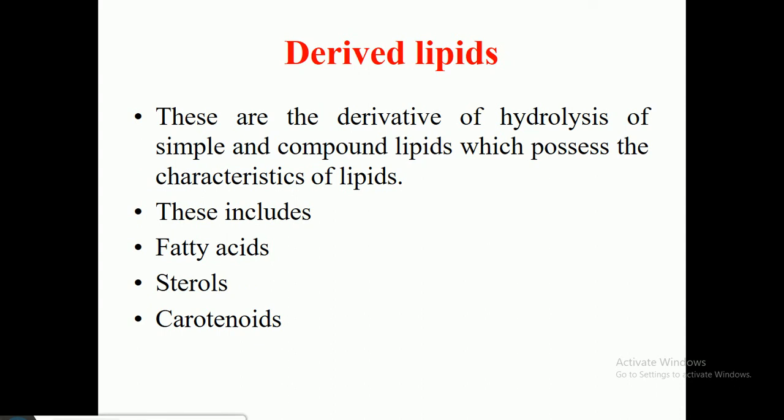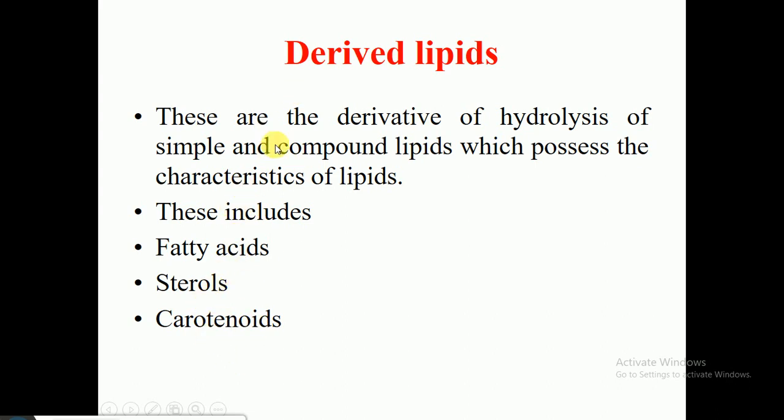This is the third type, derived lipids. These are the derivatives of hydrolysis of simple and compound lipids which possess the characteristics of lipids. These include fatty acids, sterols and carotenoids.